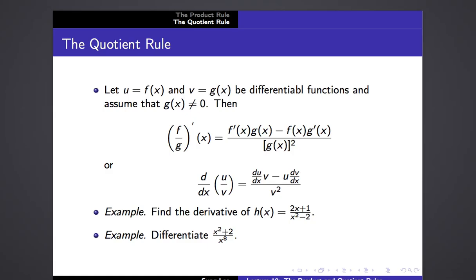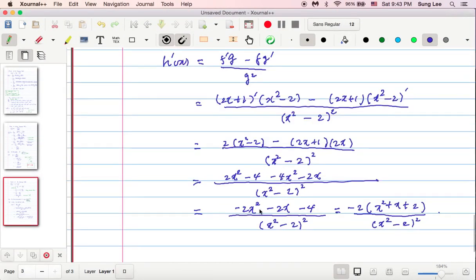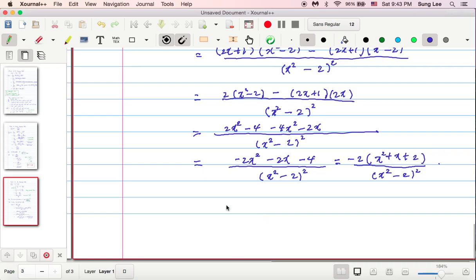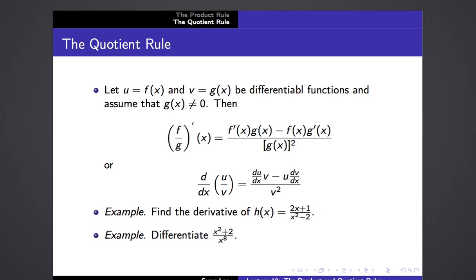You probably know what I'm talking about, but let me work on that. So what was the function we had? X squared plus 2 all over x to the power 8. I hope I got that correctly. Yes, I did.